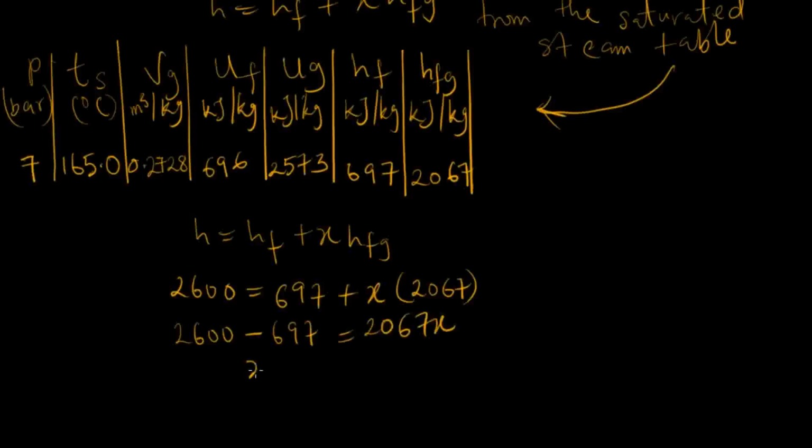Here you have this, so finally X will be equal to 1903 all over 2067, which is equal to 0.921.